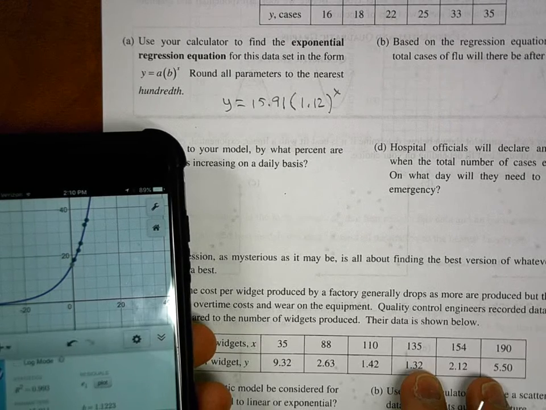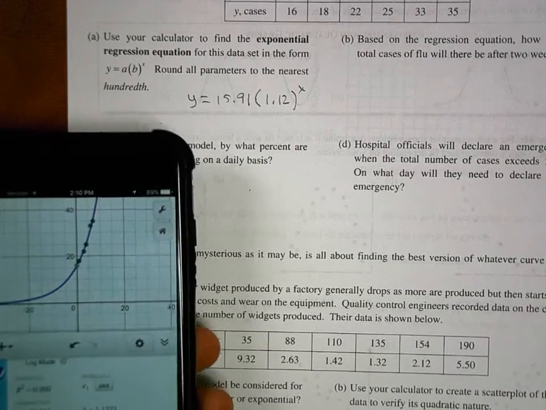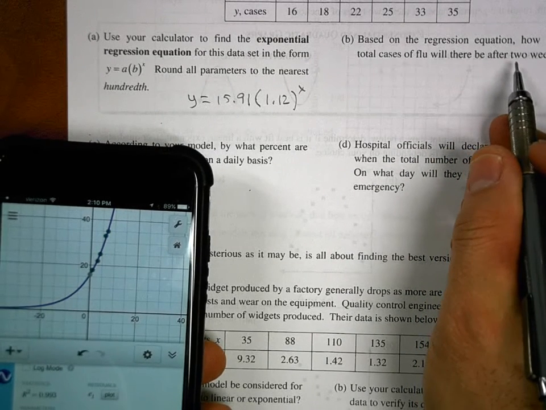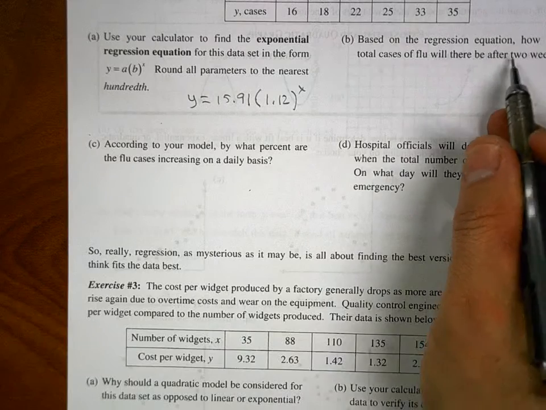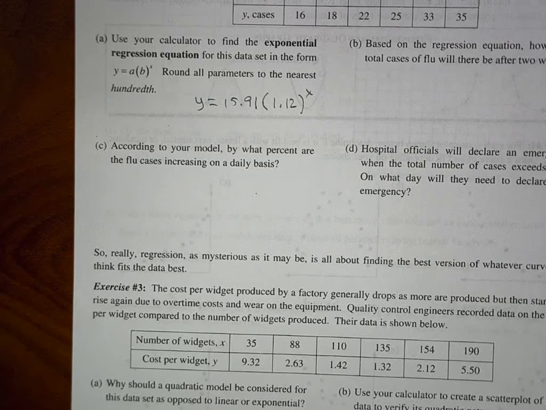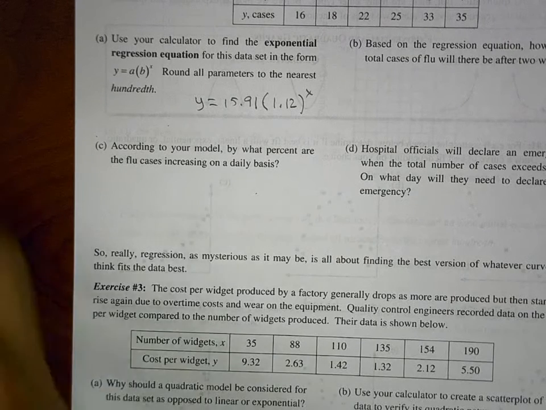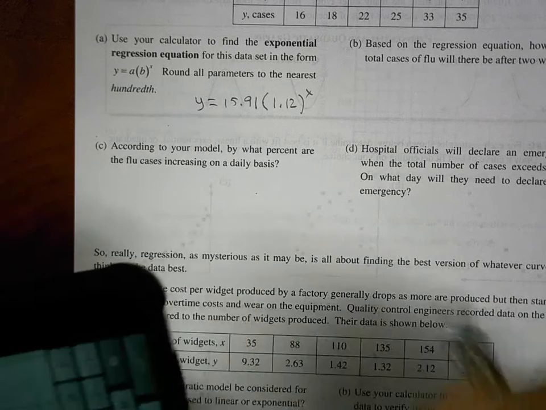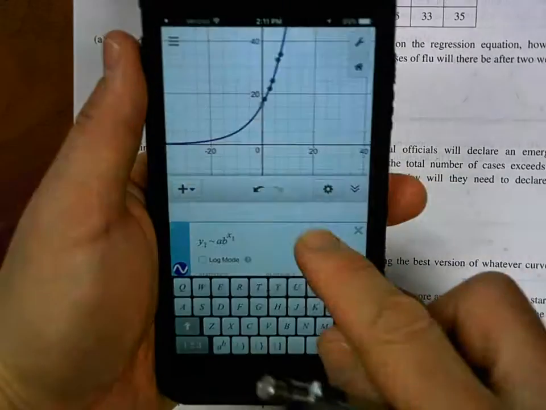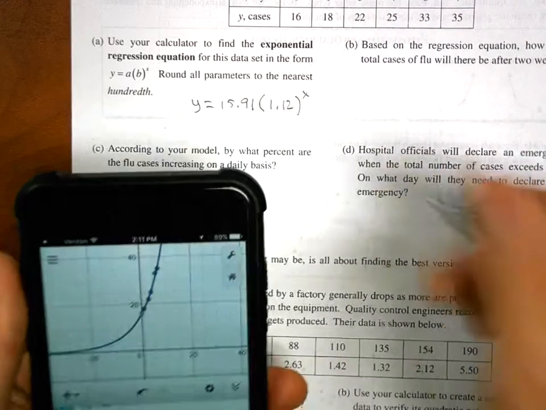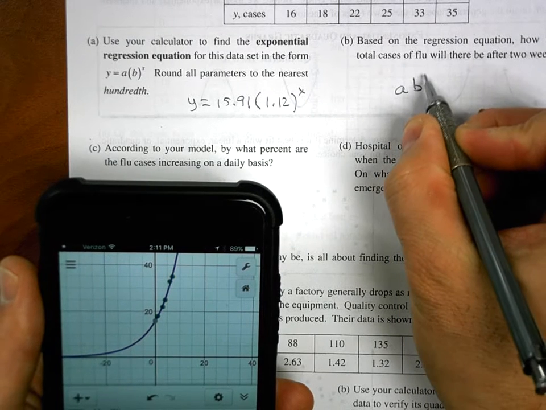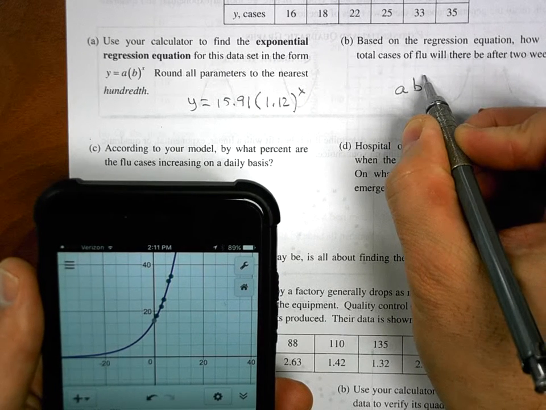Part b: based on the regression equation, how many total cases of flu will there be after 2 weeks? What do we need to plug into our equation, what would our x be? 14 days. We can use a and b because they're already defined up there. So I'll type in a, b, and then we want 14.